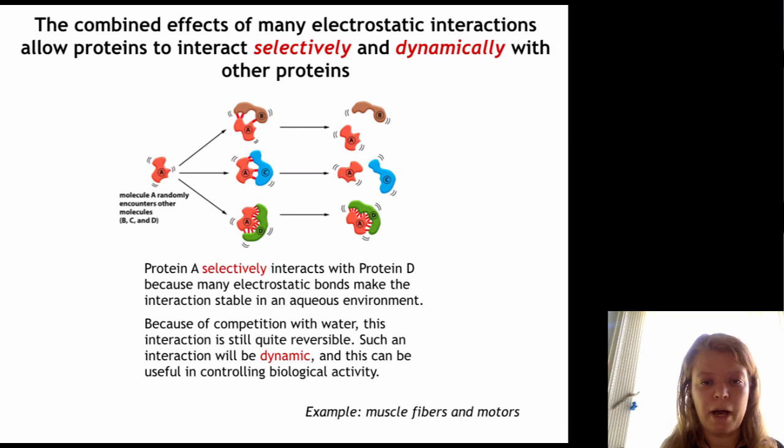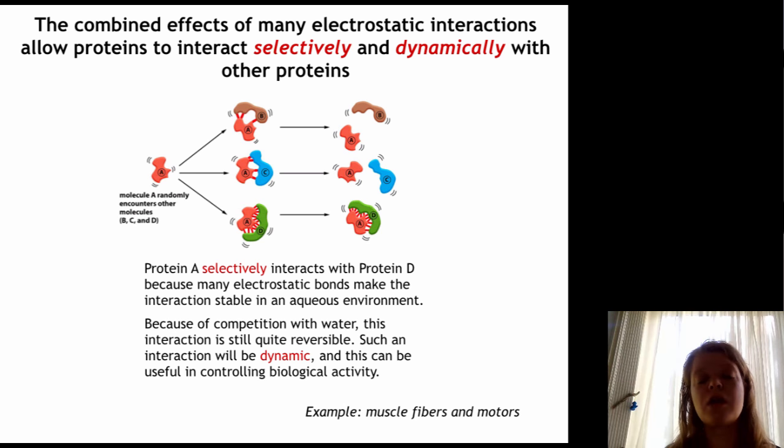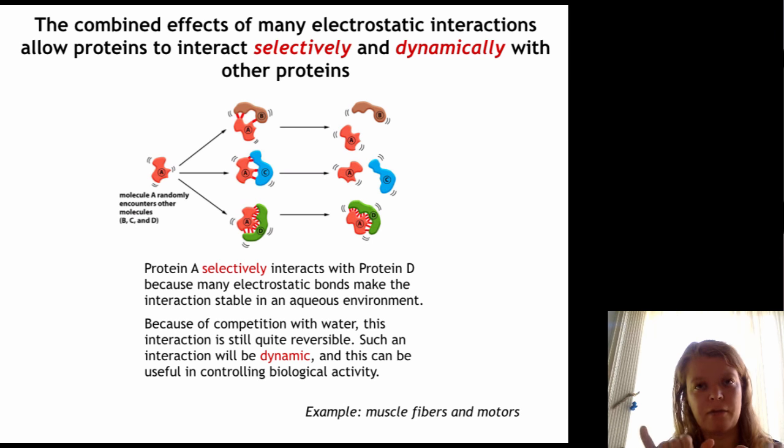And this is an example of why, because of competition with water, it's really important for these interactions to be reversible, because this allows interactions to be dynamic, because we need dynamic interactions in order for motor proteins to move along the cytoskeleton of the cell, in order for channels to function, in order for proteins to bind and release, in order for receptors to interact with their ligands. Many, many, many things depend on this both selective and dynamic interaction between proteins, which is all due to electrostatic interactions, the chemical bonding that they are capable of.